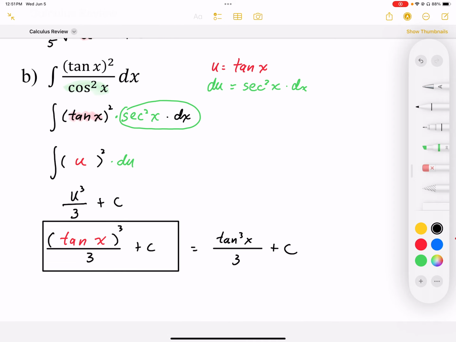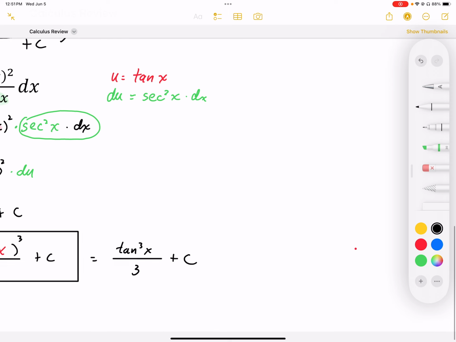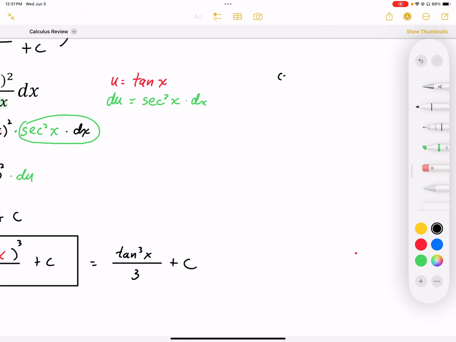Okay, and again, if you want to test this, we can test this by differentiating. In fact, let's do a check here. I'm going to do a check by differentiating the power 3. Remember, this is chain rule, I have to do the outside first, so I get 3 over 3. That accounts for that divide by 3. I reduce the power by 1.